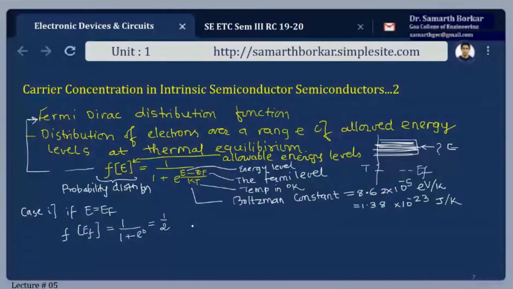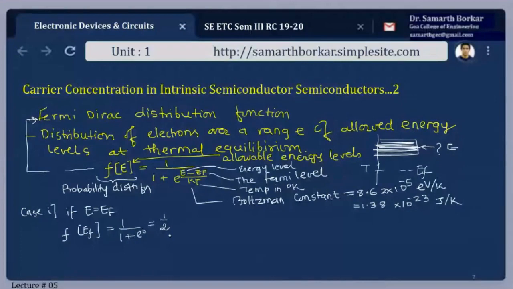So what does it state now? The energy state which is at the Fermi level has a probability of half of being occupied by an electron, or a 50% probability that the energy state is occupied. In the case of an intrinsic semiconductor, we have the Fermi level right at the center. Why it is at the center we'll discuss as we progress.